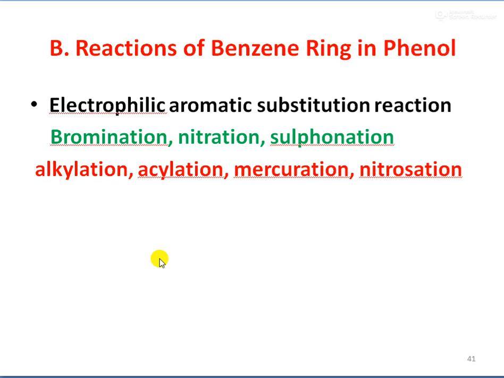Then the reactions of the benzene ring in phenols. In the class we discussed the bromination, nitration and sulfonation reactions, and additionally we can cover alkylation, acylation, mercuration and nitrosation. So these are all electrophilic aromatic substitution reactions, that is, substitution occurs at the aromatic ring of the phenol.